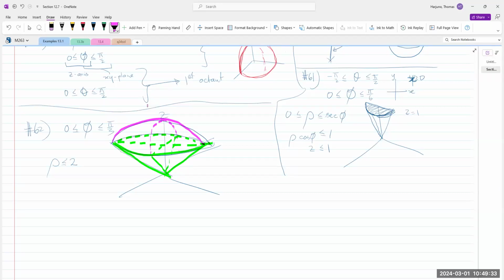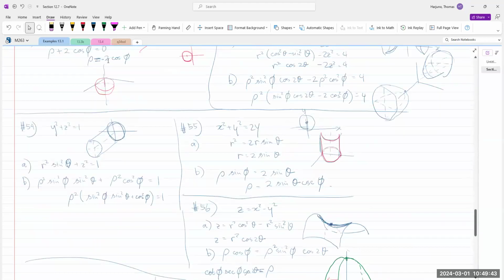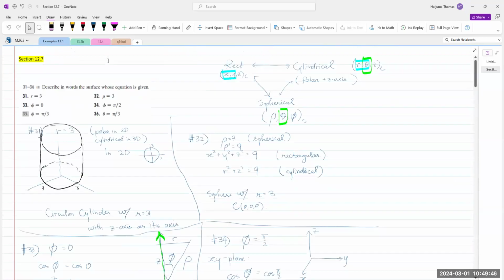Okay then, this is for this section 12.7. Let me change this part here. It should be 12.7. Okay.